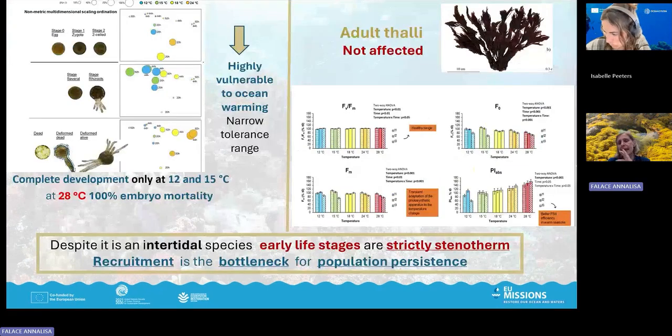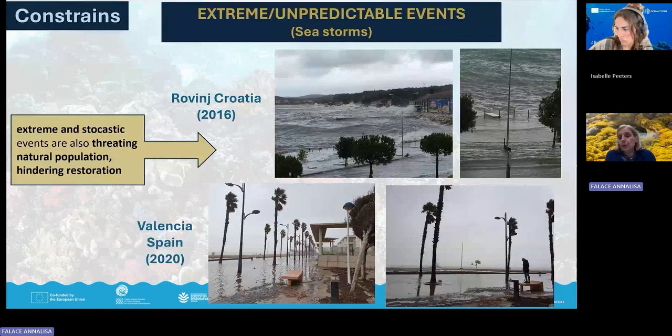In this case, the adults are usually not affected by changes in temperature, in particular for the intertidal species, but the early life stages, the embryos, are strictly stenotherm. They have a very narrow temperature tolerance range for the complete development. So changes in temperature, heat waves, are a big problem.